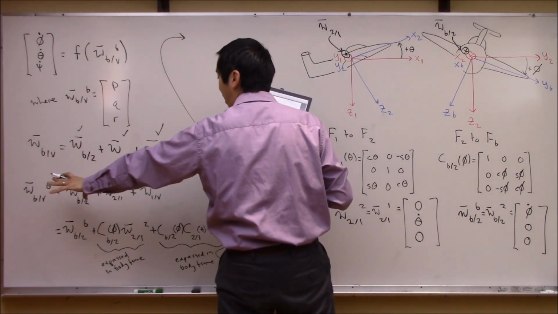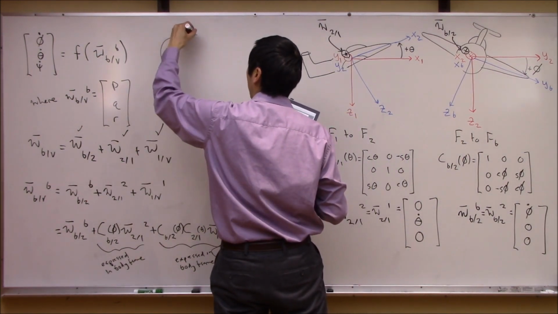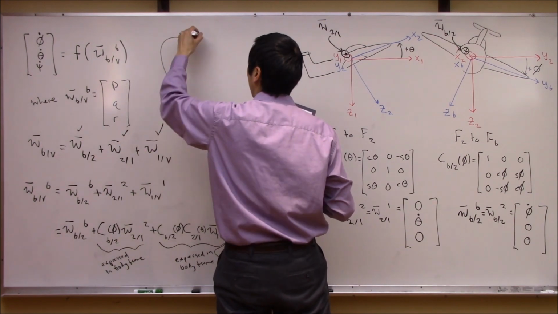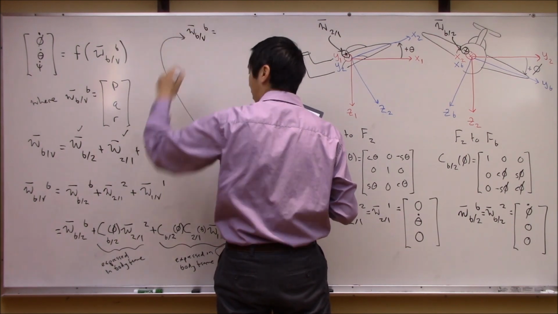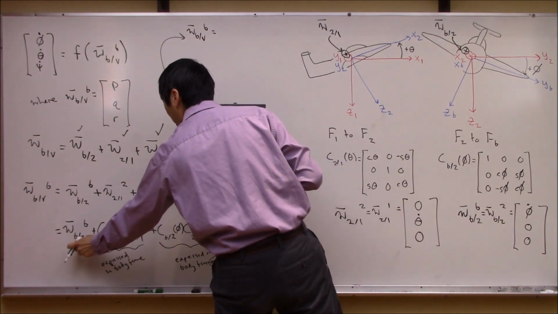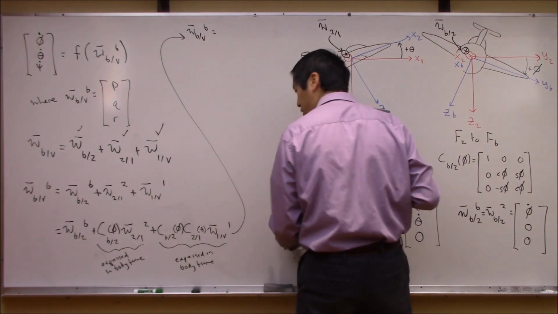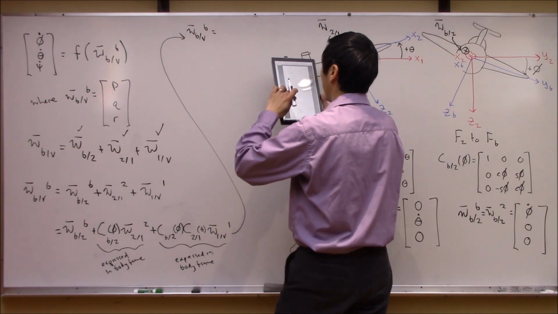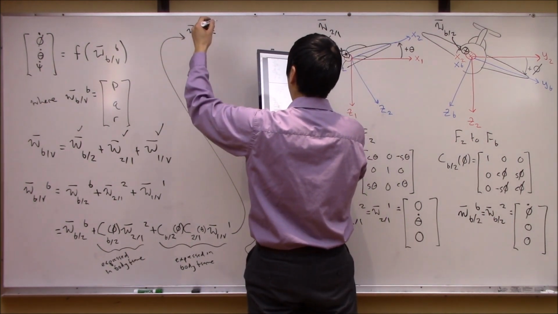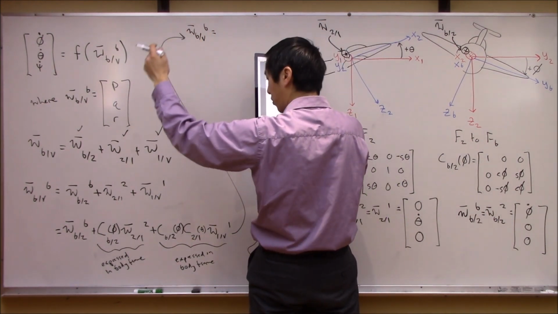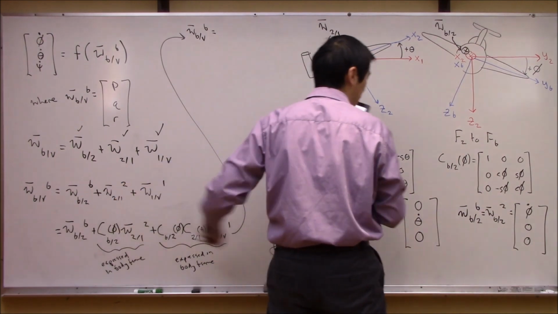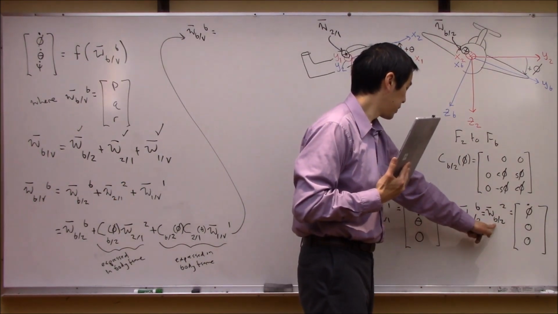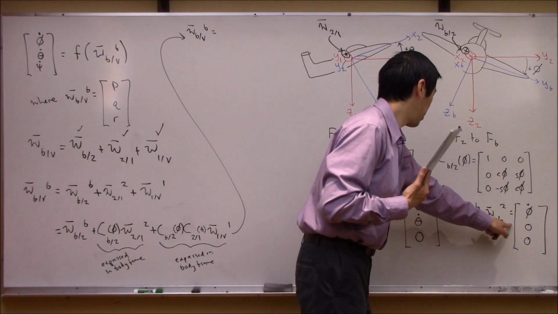So again, what's on the left side? I have omega b with respect to v expressed in the body frame, which is equal to, let's write out a couple of terms. This term right here was unfortunately the thing I just erased. So this is going to be, wait a second, actually no, sorry, B2, that's this one right here.